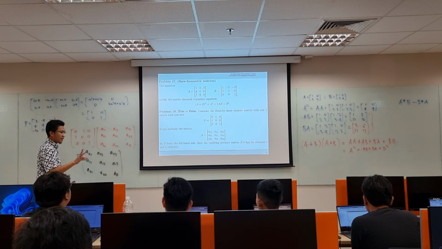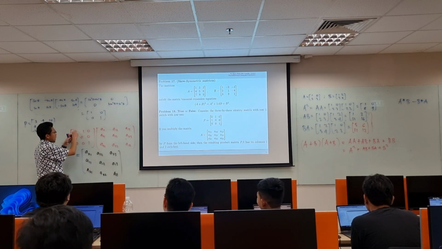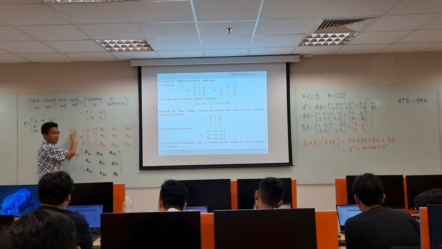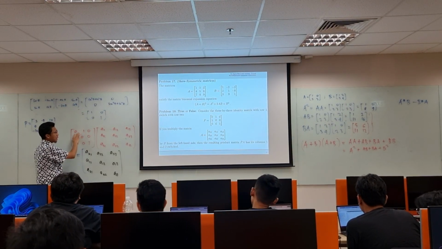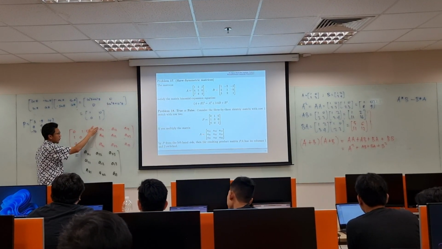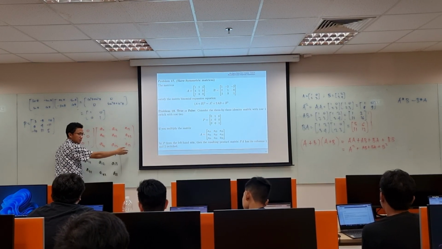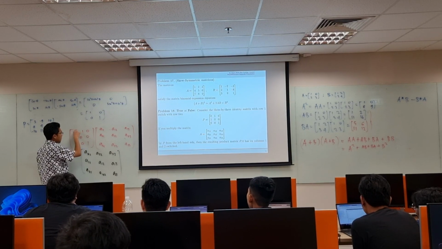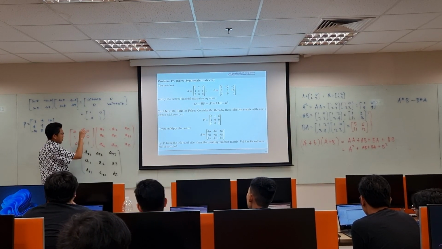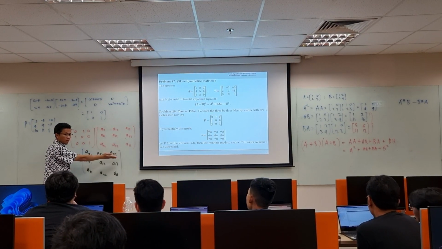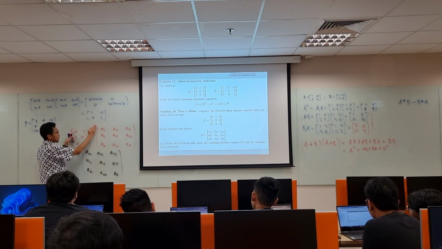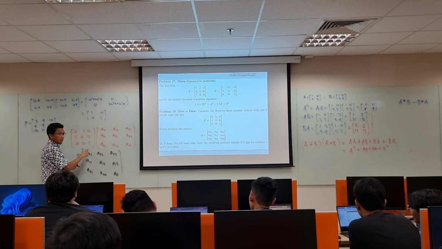Okay, let's see again. The first row that we have here, you will multiply this first row with all of the columns, and then you will fill up the multiplication from here to your first row. Multiply the first column, you get the first element, right?